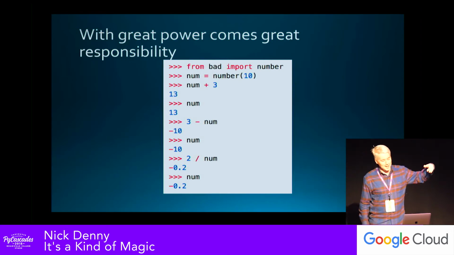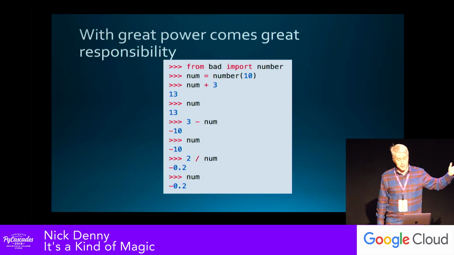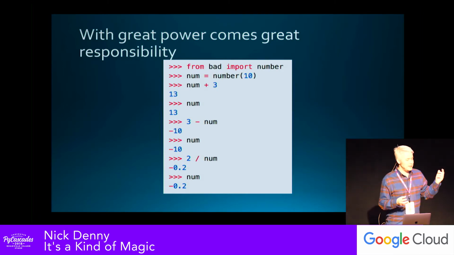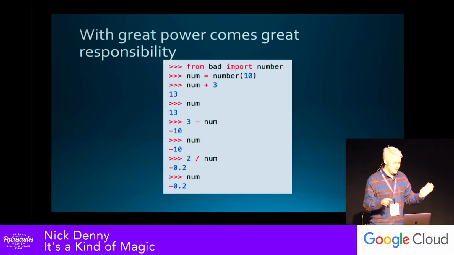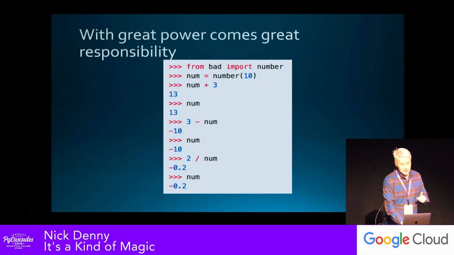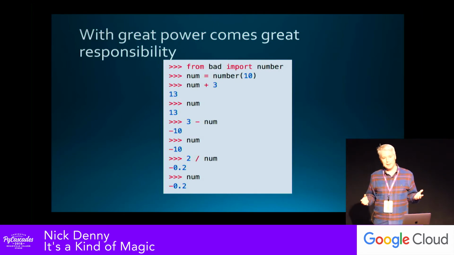So you can create a number object which is mutable. So when you do 3 minus the number, it actually removes 3 from the number. It's a terrible, terrible idea, and it would cause a lot of confusion if you ever used it. So I recommend you go on YouTube and watch that talk.